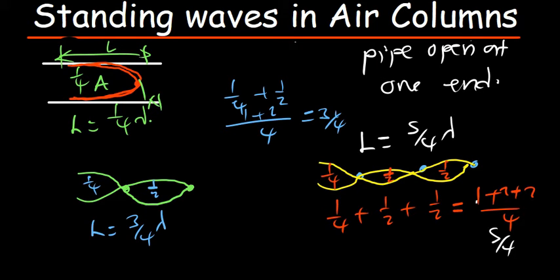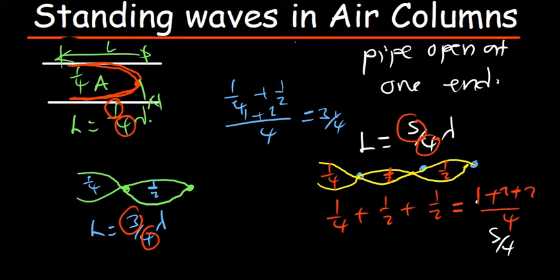So now I can clearly see that as we go on, the denominator will not change. The only thing that is going to change is the numerator. So we have got 1 at first, the second one is 3, then the third one is 5. So it's 1, 3, 5, 7.